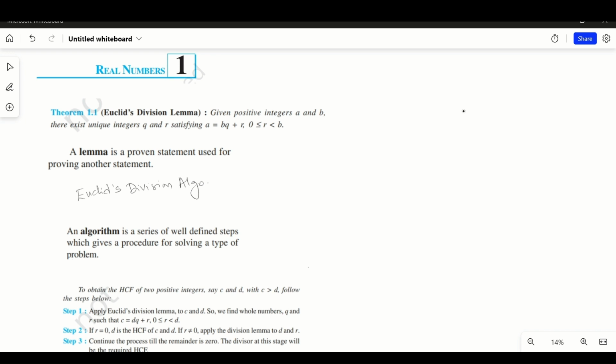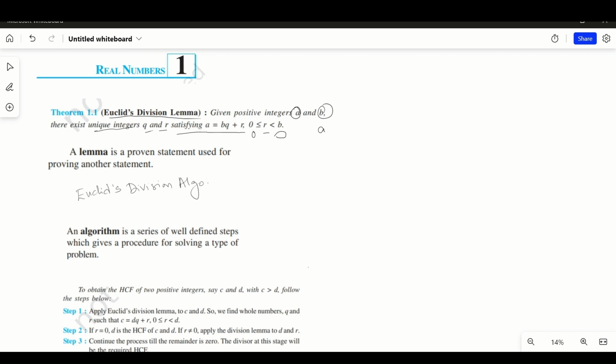Now moving into the chapter, the first theorem that we come across is Euclid's division lemma. This theorem states that given positive integers a and b, there exist unique integers q and r satisfying the equation a is equal to bq plus r, where r lies between 0 and less than b.